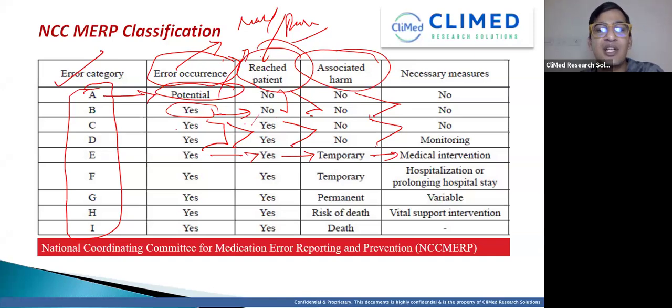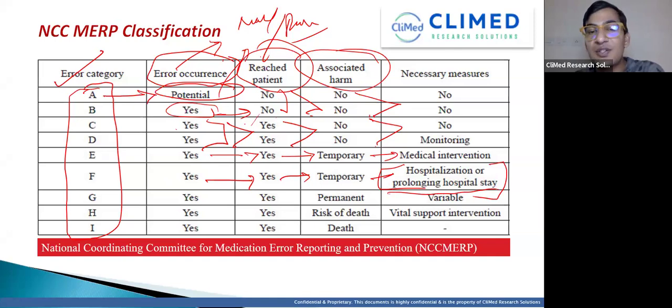That's it, temporary harm. Again, F is similar. It is an error reaching the patient and causing harm, but the harm is a little moderate. It needs hospitalization, and if the patient is already hospitalized, it may prolong the hospital stay.